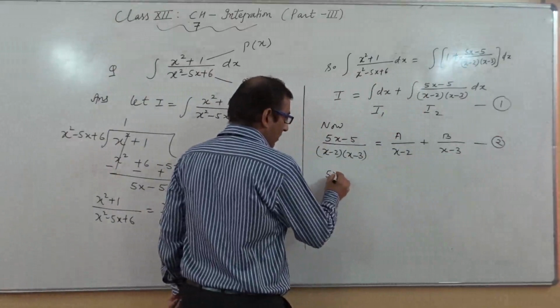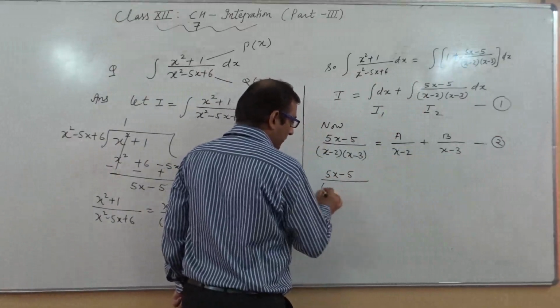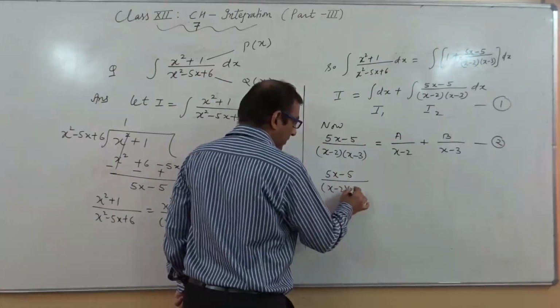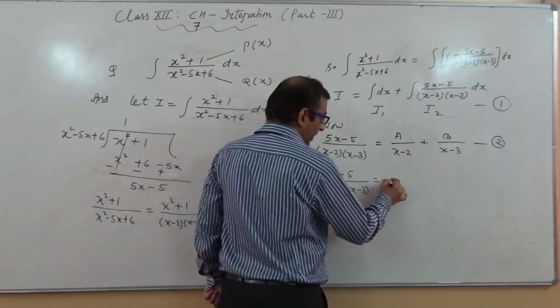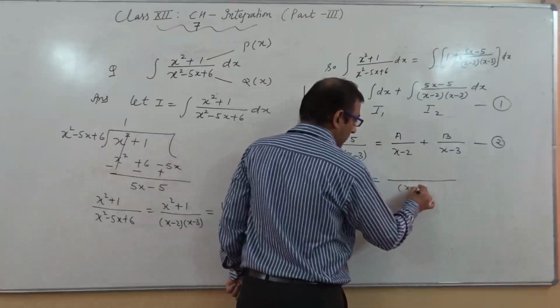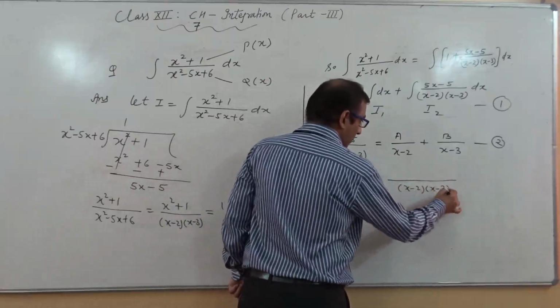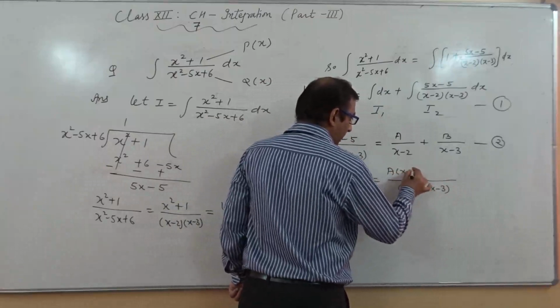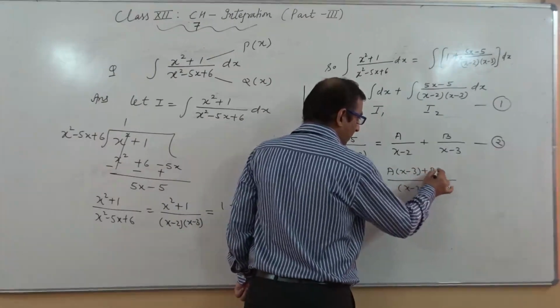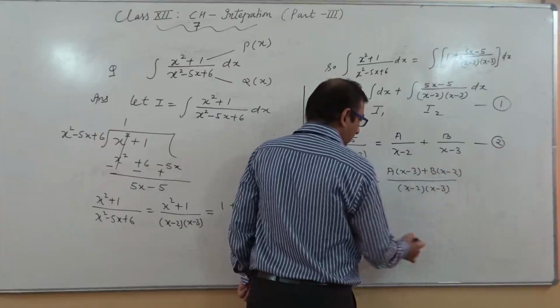Now after this we will take the LCM on the right hand side, so that it can be written as A multiplied by (x − 3) and B multiplied by (x − 2).